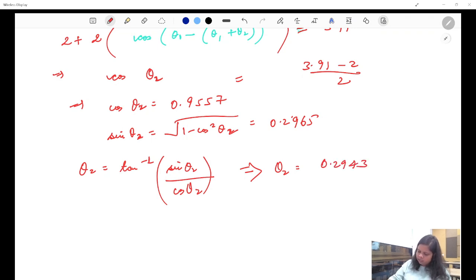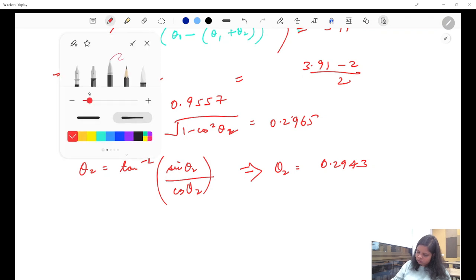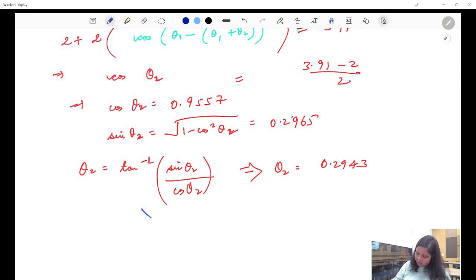I'll tell you the command also. In MATLAB what we write is atan2. It takes a tan inverse and it considers both sine and cos, so it is not restricted to the first quadrant. Atan2 sine theta 2, cos theta 2. This is the way we can write in MATLAB.